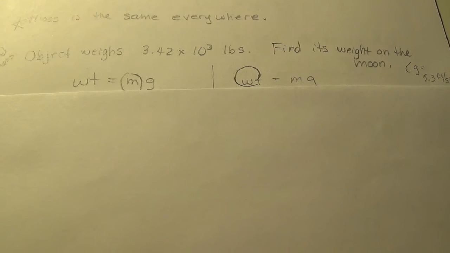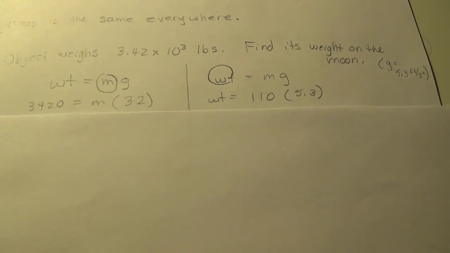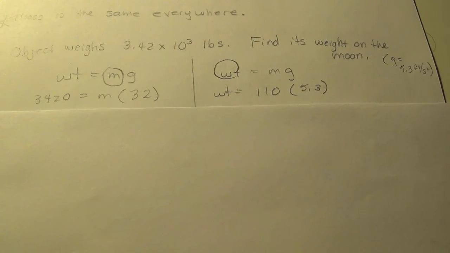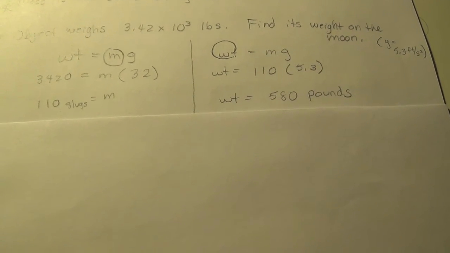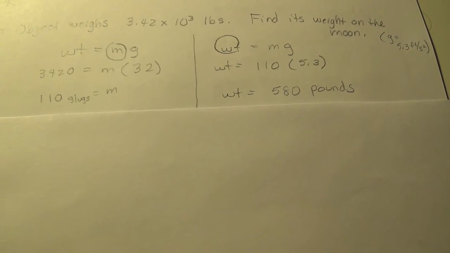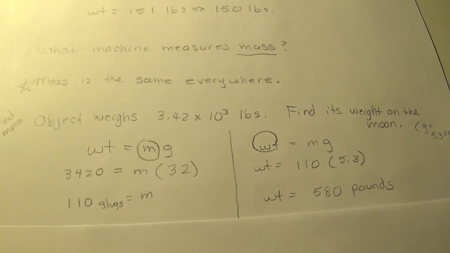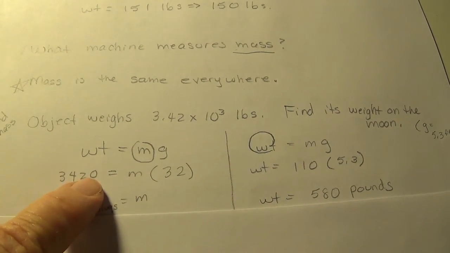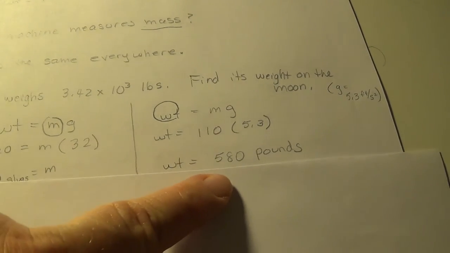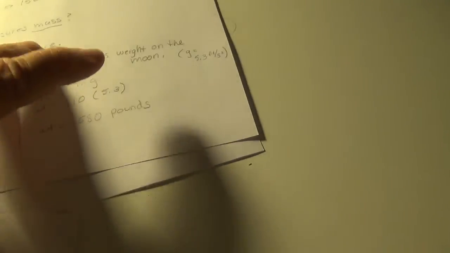So we're going to use mass, which was calculated on this side, the 110, and the new acceleration constant, 5.3 for the Moon. We multiply that and use sig figs to get 580 pounds. So something that weighed 3,420 pounds on Earth ends up weighing 580 pounds on the Moon. So, good weight loss program. Go to the Moon.